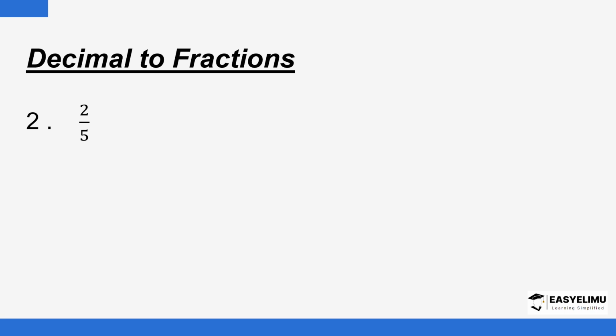There's another one here. Possibly you can pause the video and attempt it before. What we do is the same thing we've done in the previous one. You simply divide the numerator by the denominator.